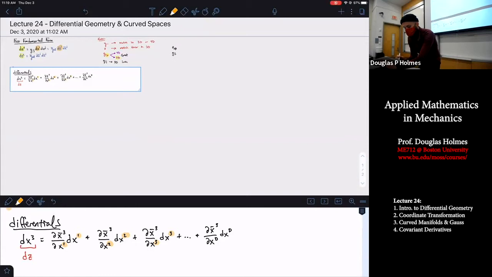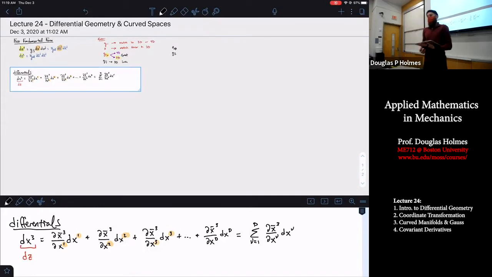And so we could write this more compactly as the sum from, let's say, nu 1 to d of all these partial derivatives and their infinitesimals.